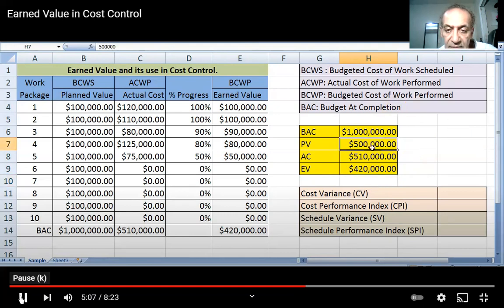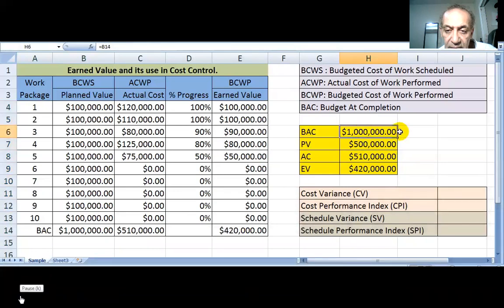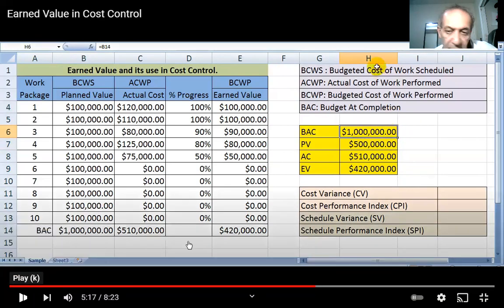Again, the total budget of the project is 1 million. The planned value as of today is 500,000, the planned value for what is done, for what we calculate the progress for.